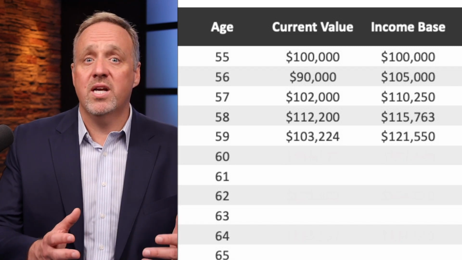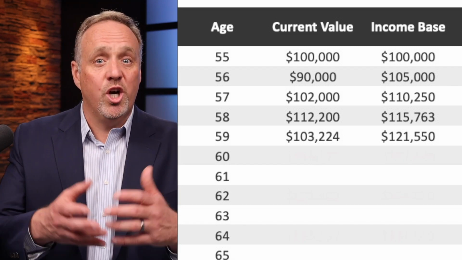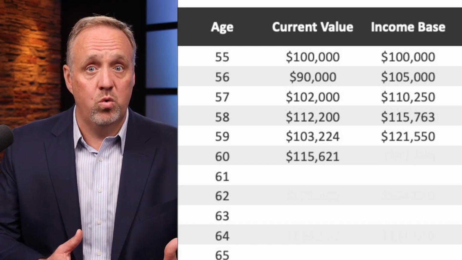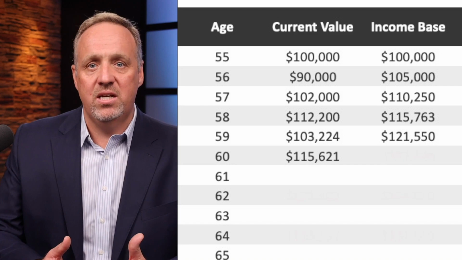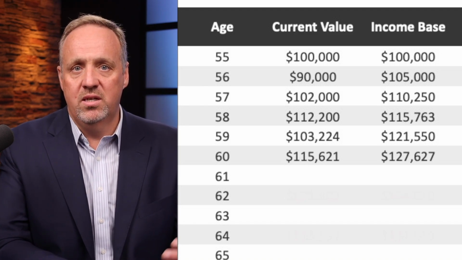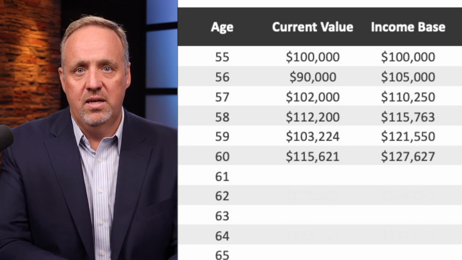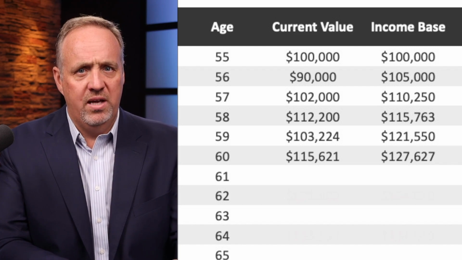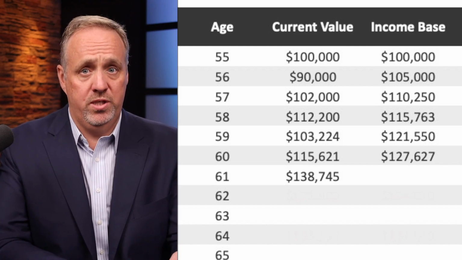The next year, the markets have a good year. This means that your current value increases to $115,621, and the income base increases by the standard 5% to $127,627. But the following year, the markets have a really good year, and the sub-accounts increase by 20%.